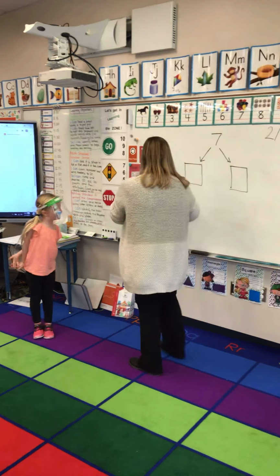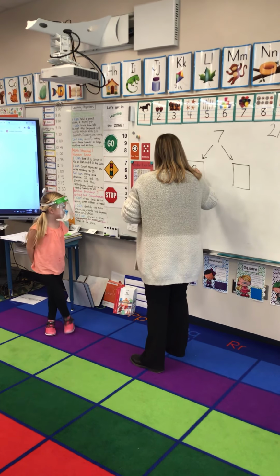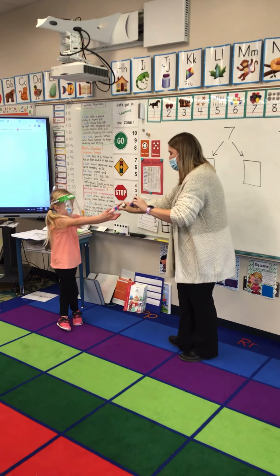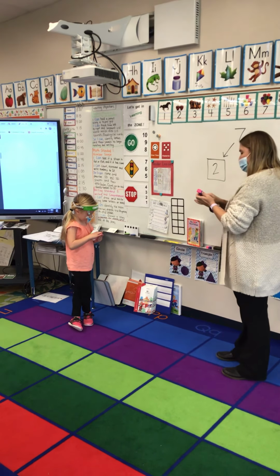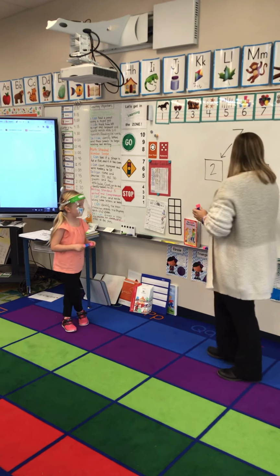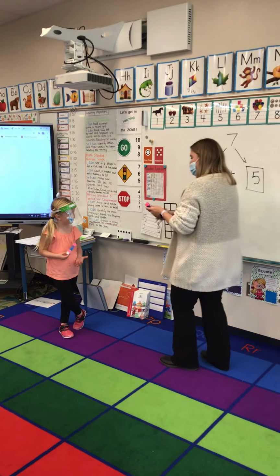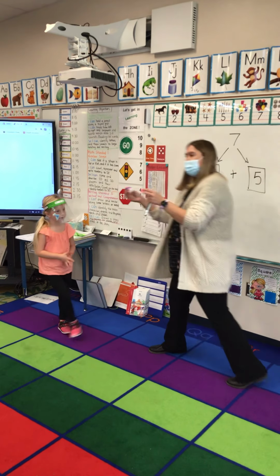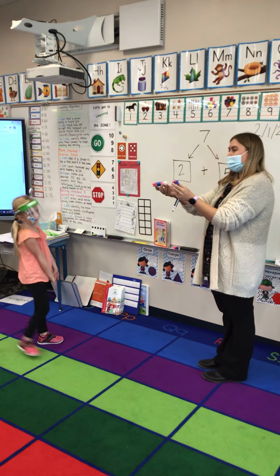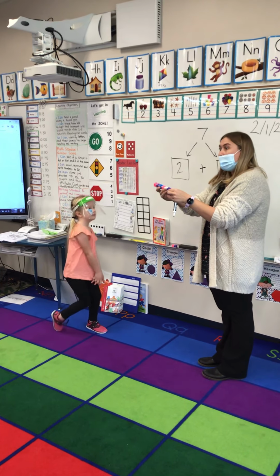All right, let's put that in this box over here. Count up how many do I have in that side? 5. Do you think we could add these together? Yes. How many do you think we will have when we add them back together? 7.